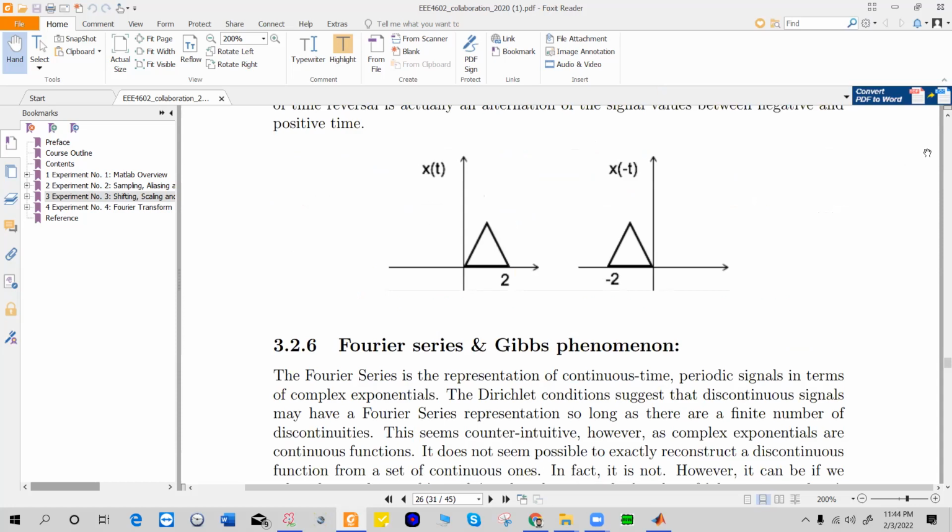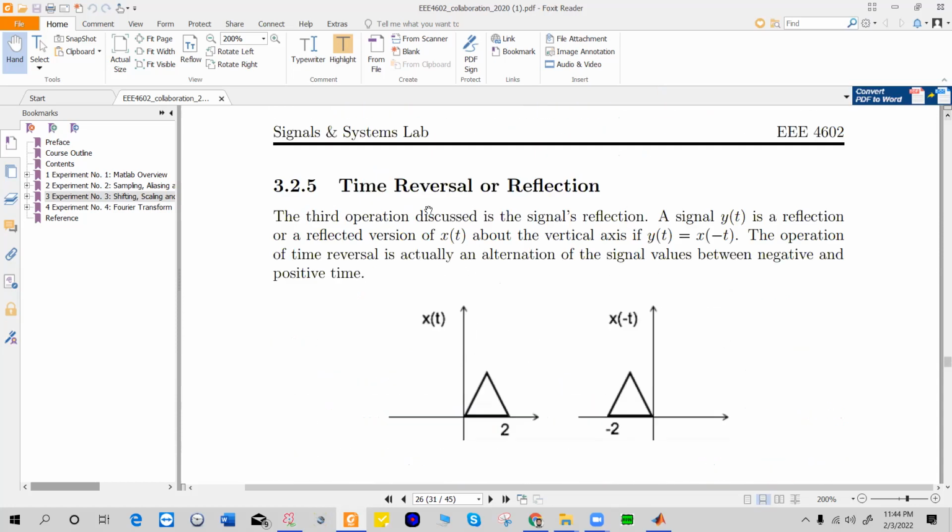And then the last one, that is time reversal or reflection. It's very simple. Say if we have a signal x of t, as you can see from the figure, this is your signal x of t. Now the time reversal will just give you a mirror reflection of your signal x of t. The mirror reflection of this signal will be x of minus t, which you can see is an exact mirror reflection.